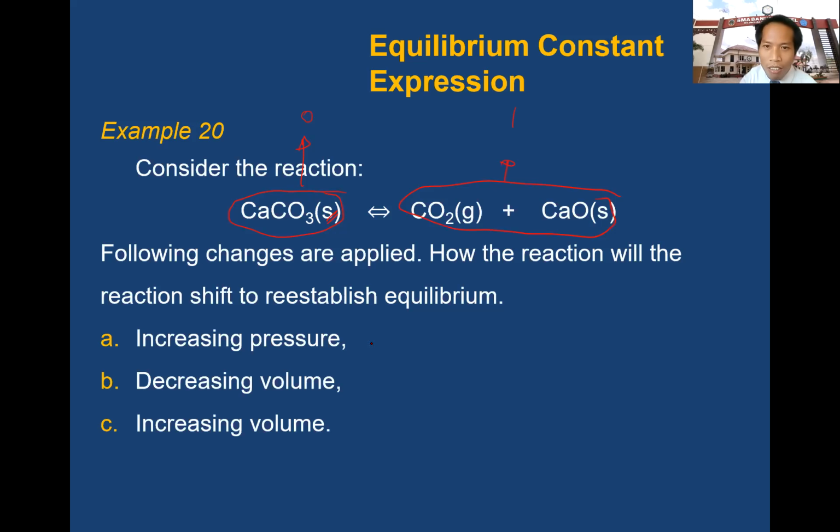Increasing pressure, volume decrease, so to the left, isn't it? From high to low. Decreasing volume is also increasing pressure, also from right to left. Increasing volume, pressure decrease, so from low to high, so to the right. Okay, this is a very simple thing. Let me pass this one.